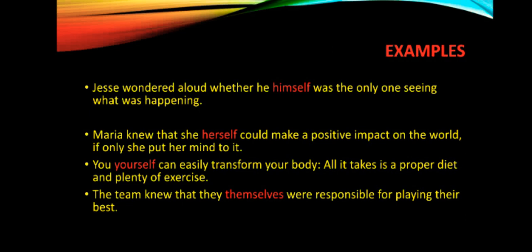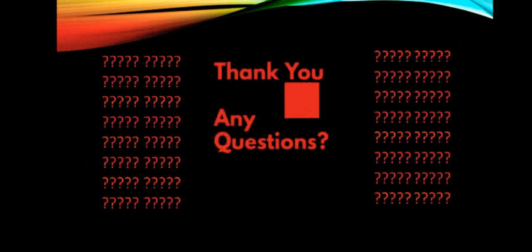But let me quote some other examples to you. Compare these two sentences that I am going to narrate to you. I am tired of myself. I myself will clean this room.